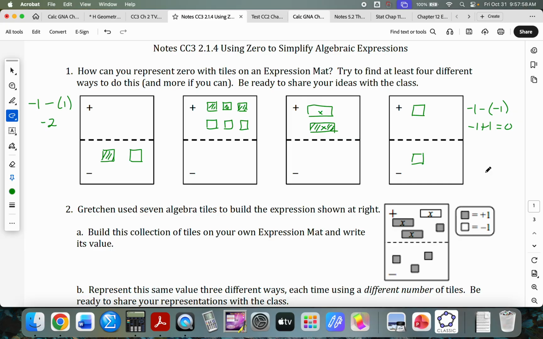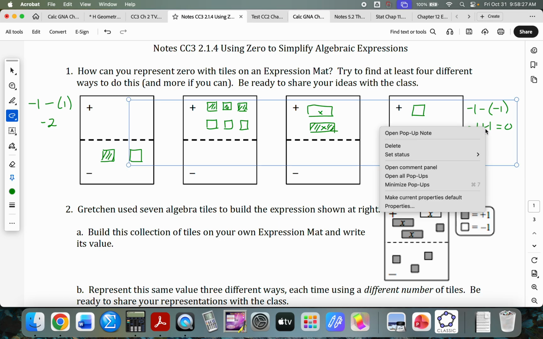So one of the other ways that you can get a 0, other than having opposite tiles in the same region, is having the same tiles in opposite regions. And those are really the two ways that you can get 0. Either you have opposite tiles in the same region or the same tiles in opposite regions. In either case, that's going to make 0.